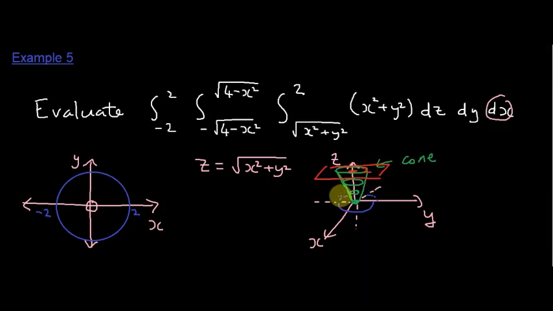So really we're looking at, if you note here, z goes from the cone to the plane z equals 2. In other words, we're dealing with the solid region inside the cone, extending from the xy plane to the plane z equals 2.